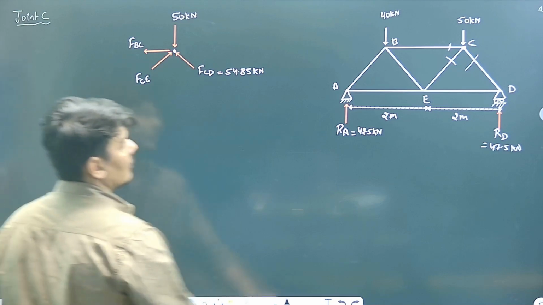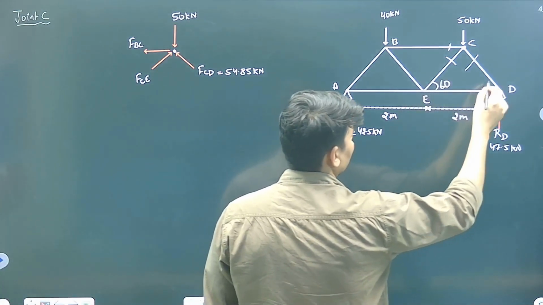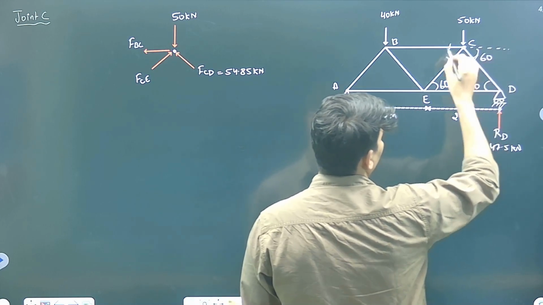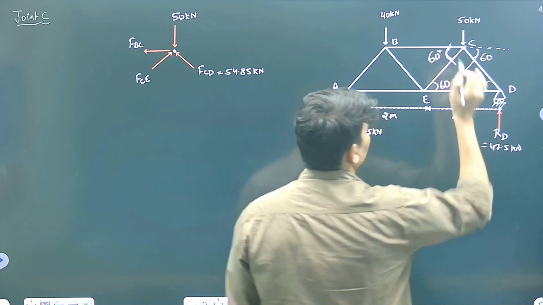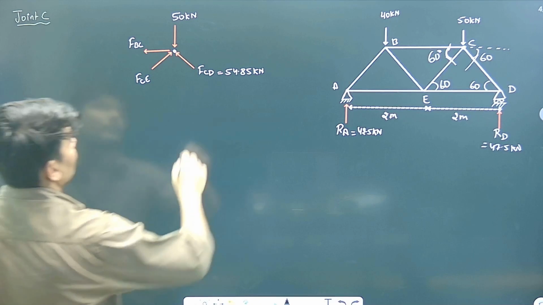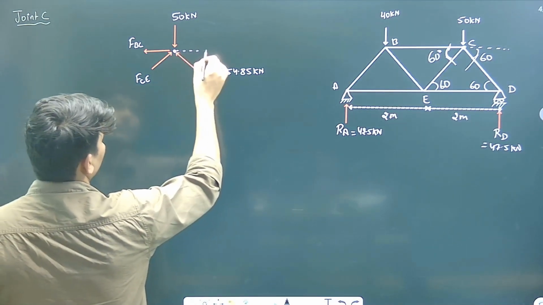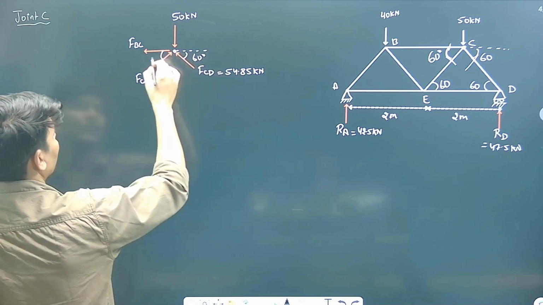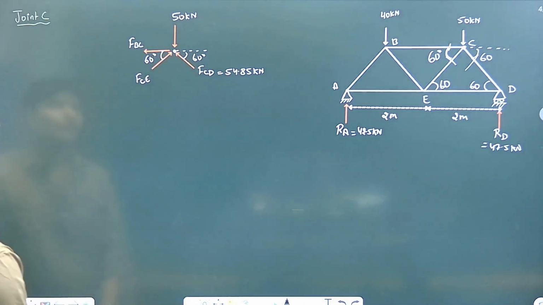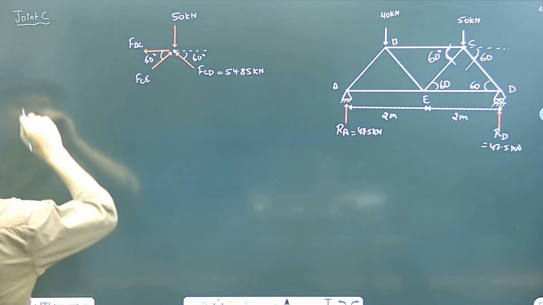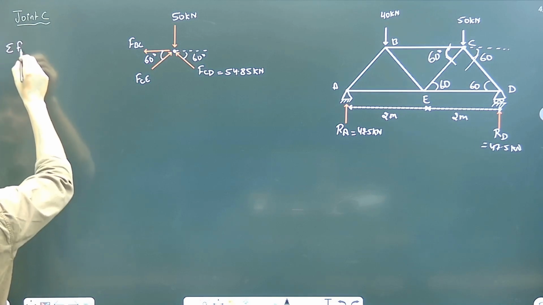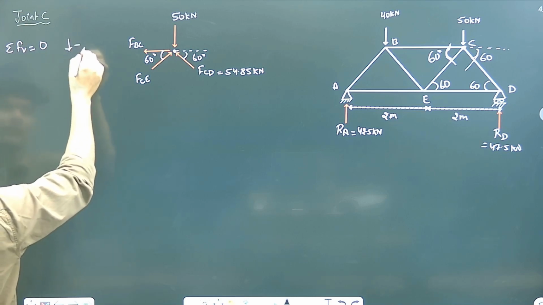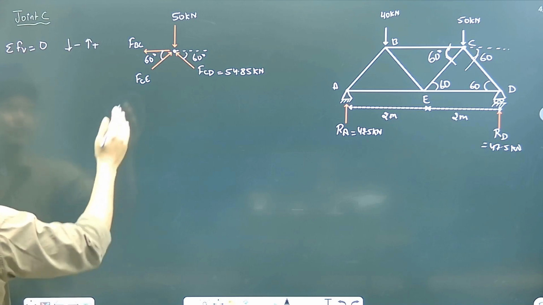Right. So we know this angle was 60 degree. This was 60 degree. Right. So this is 60. This is again 60. Now resolving the force in vertical direction first. Summation of all the forces in vertical direction has to be 0. Take downward force as negative, upward force as positive. How many upward forces are there?